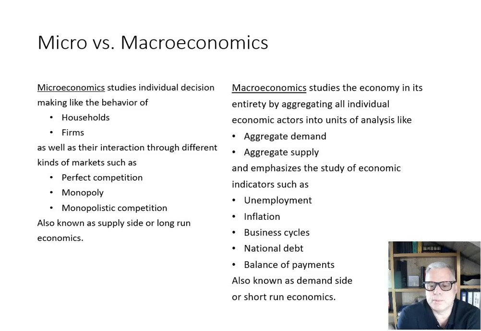But it also studies the interaction through different kinds of markets. And again, those are individual markets. Those are not the sum of all markets that we have in an economy.